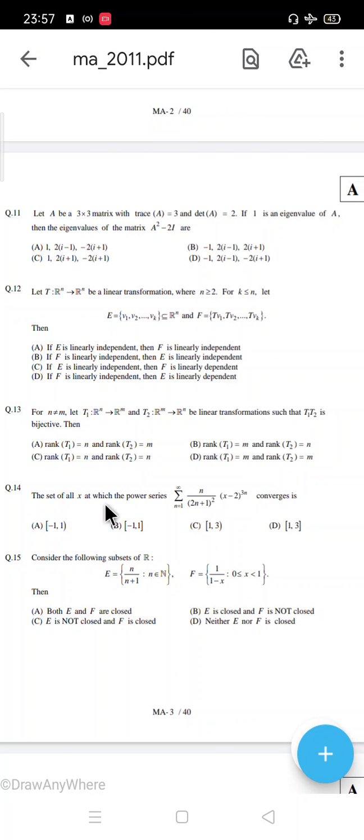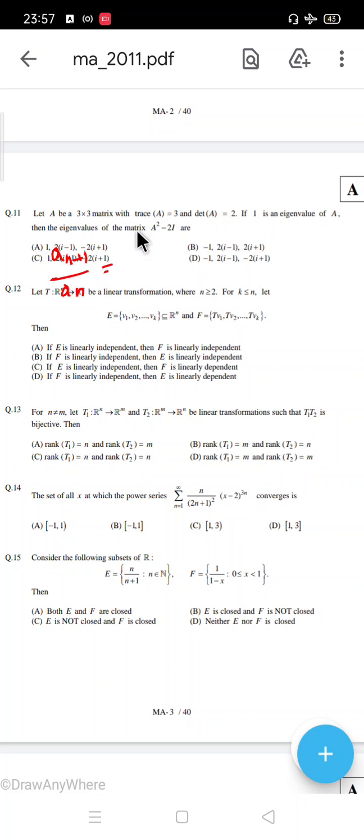Okay. Find the set of all x at which this power series converges. Okay, so you need to solve this. What to do with it, since it seems to be a polynomial? It is better to take a(n+1) upon a(n).